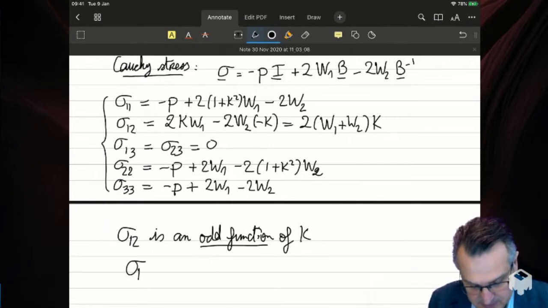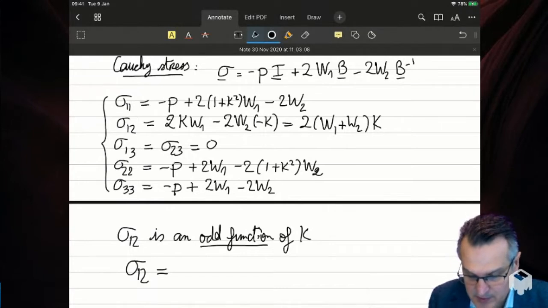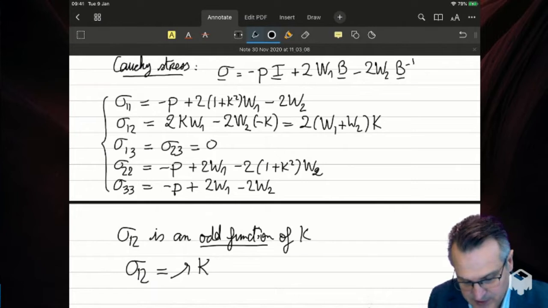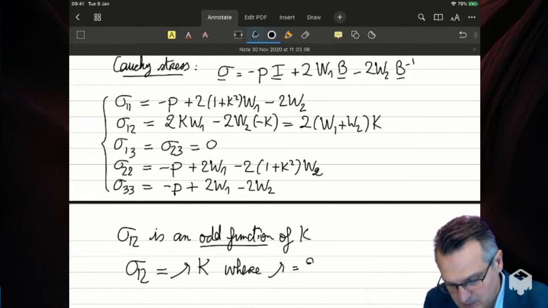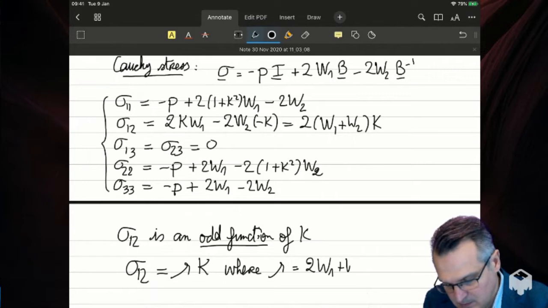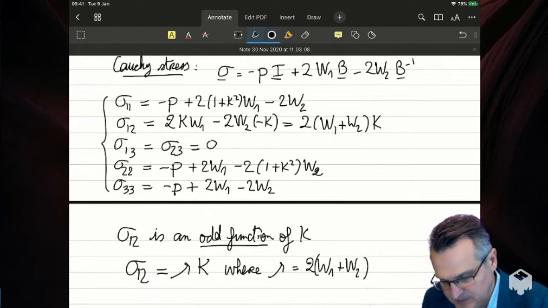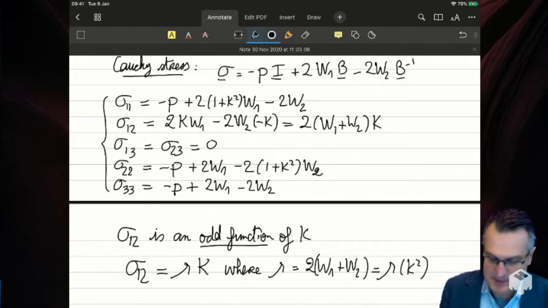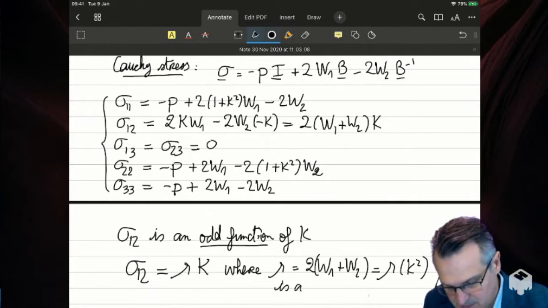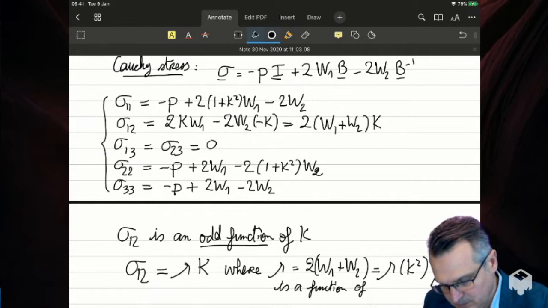All right, if I write it here again, sigma 1,2 is, I'm going to write it like this, mu k, where mu is this quantity, a function of k squared.